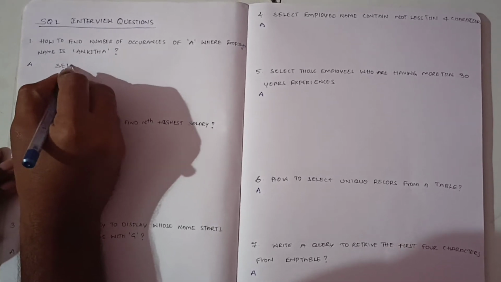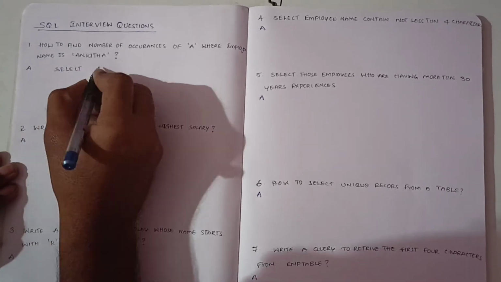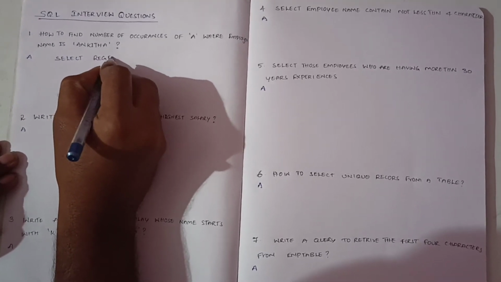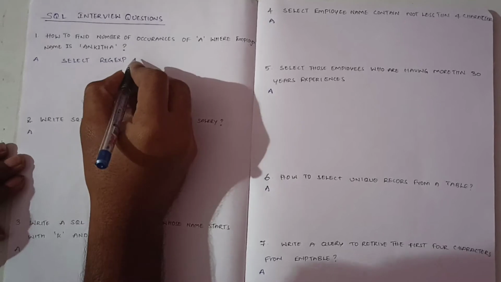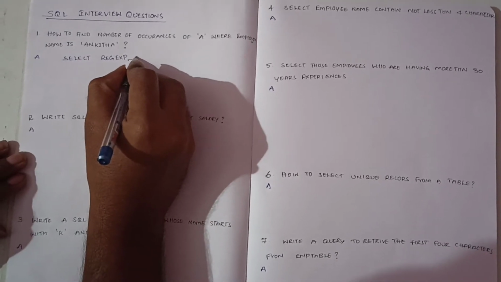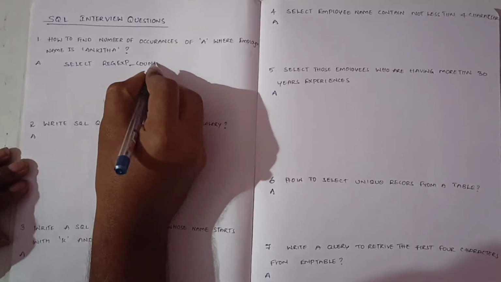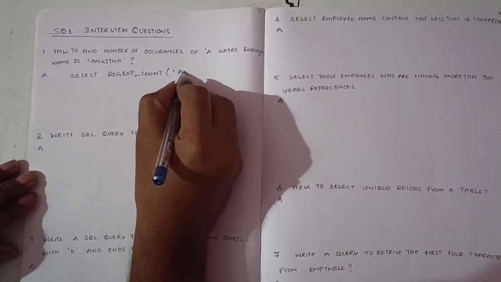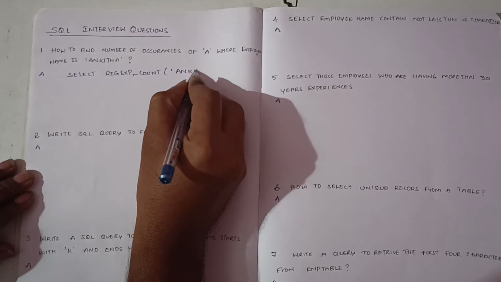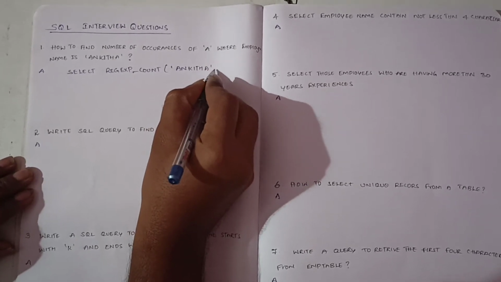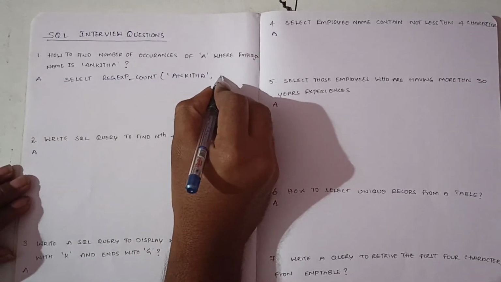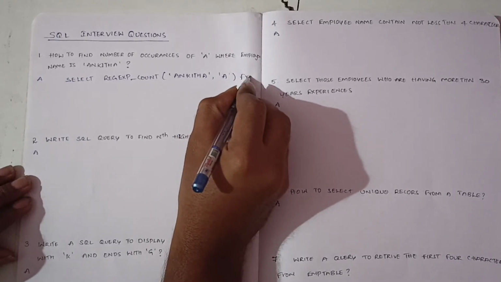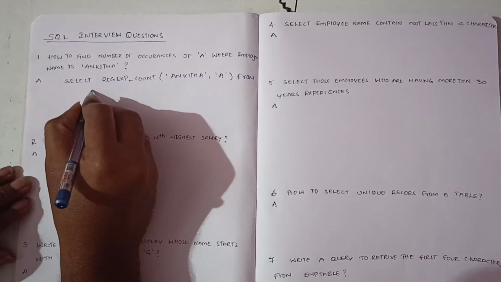Select regular expression underscore count of name Ankita, comma A, from DL.